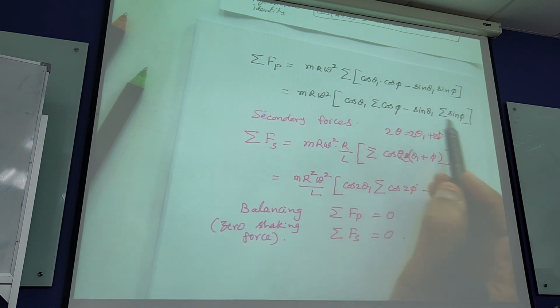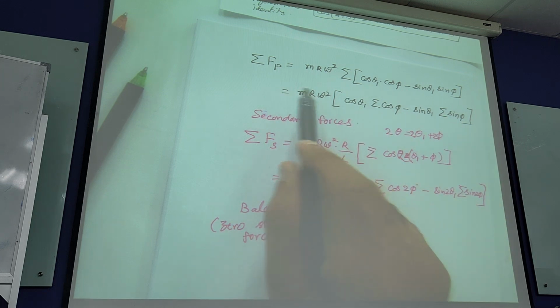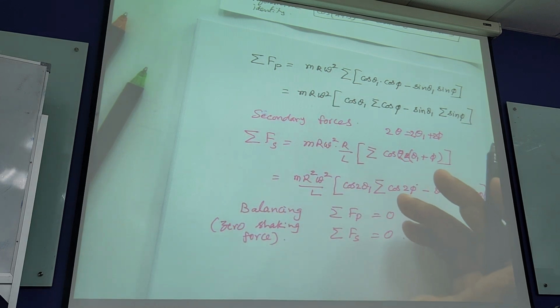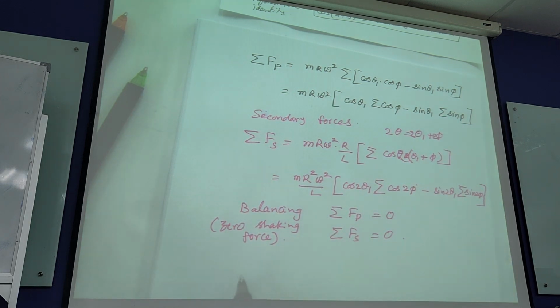If you make these two summations 0, the whole primary force will be 0. So sigma F of the primary force is 0 implies the sum of cosine phi should be 0 and the sum of sine phi must be 0.